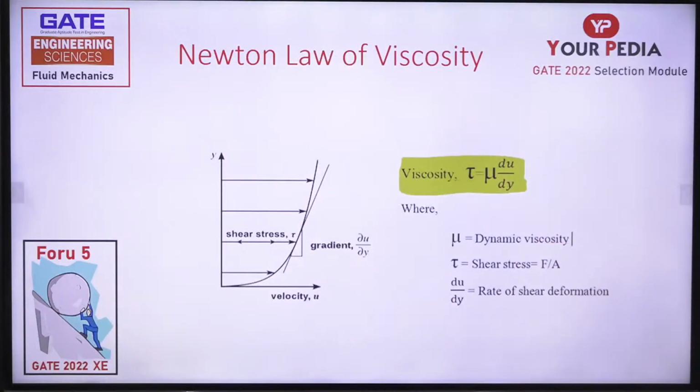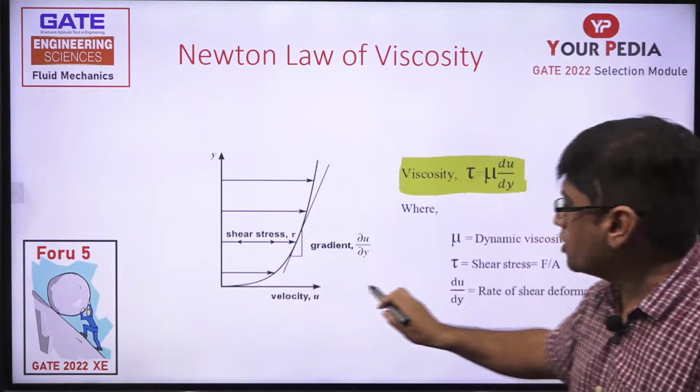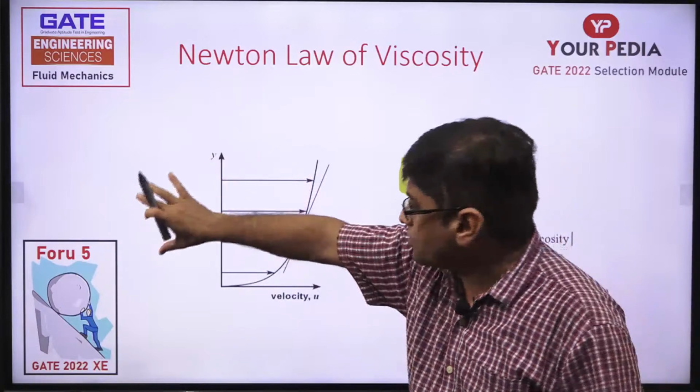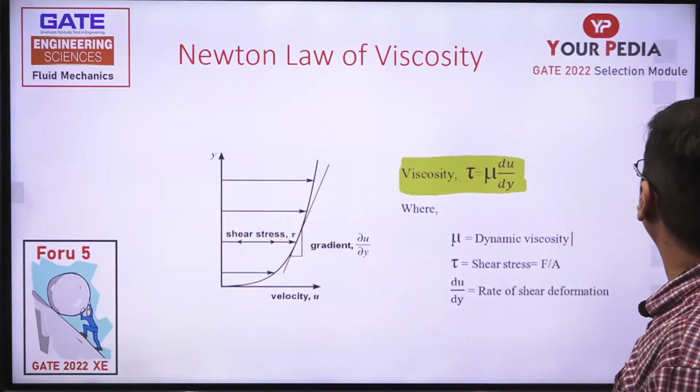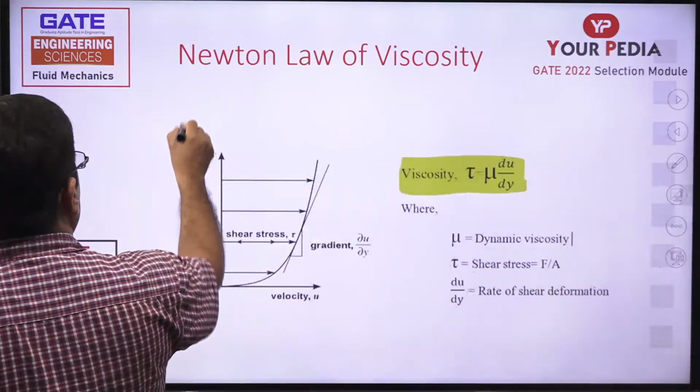Now the terms you should know: there is something called velocity gradient. This direction is called the longitudinal direction, and this direction is called the transverse direction.